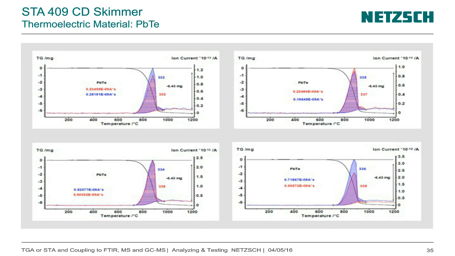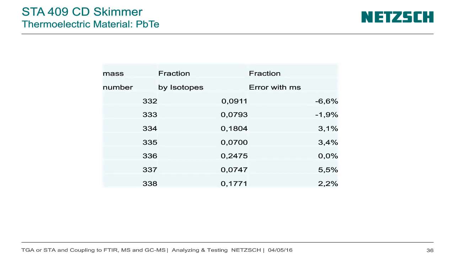You see that some data are really flat, some others have a little bit less data points, so area detection has some errors, but the errors are not so big, because I compared the areas or the fractions by isotopes.